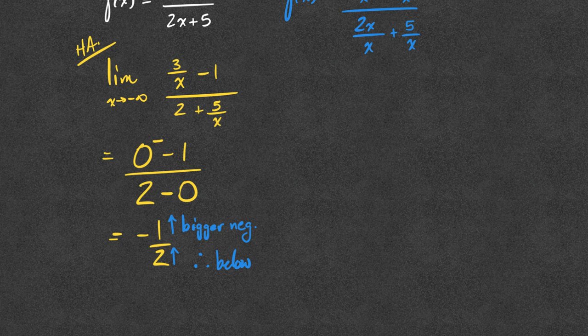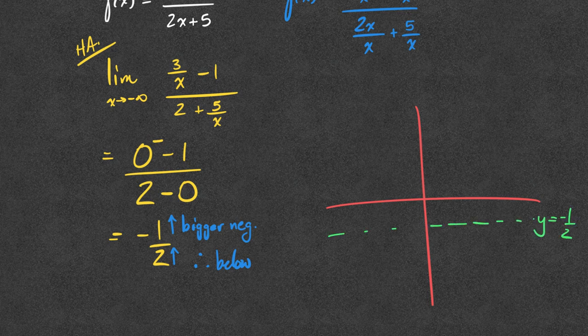Okay, if we have any problem with that, there's my set of axes. And if I quickly just put on a very crude, and I mean very crude for time, that value that my curve is a bigger negative than negative 1/2. That means bigger negatives are below that. So like -1.